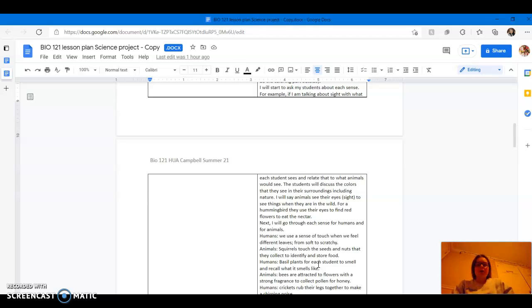An example of sight would be using colors. For colors, I'm going to talk about something like you're seeing colors of trees or colors of leaves, stuff like that.